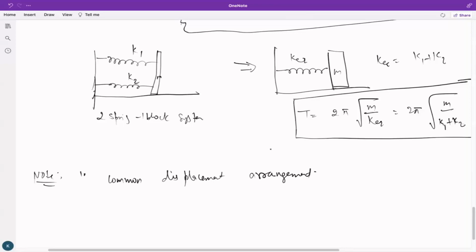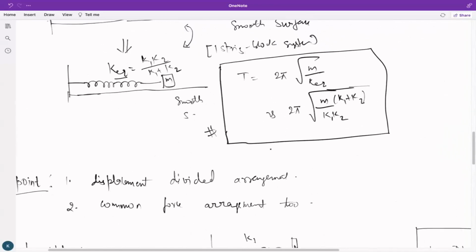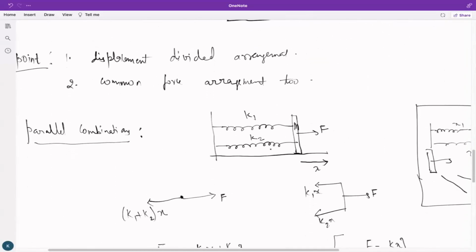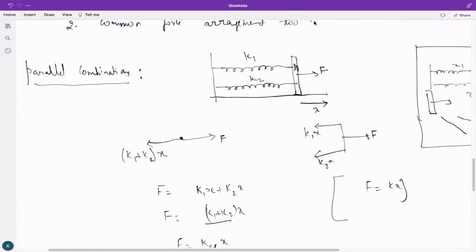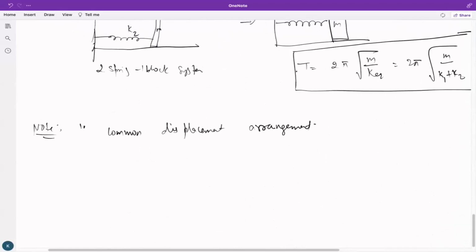Why am I saying it has common displacement arrangement? Because both of the springs move the same distance, which is termed as x. So it is a common displacement arrangement, right? Both springs have the same displacement, which is x.